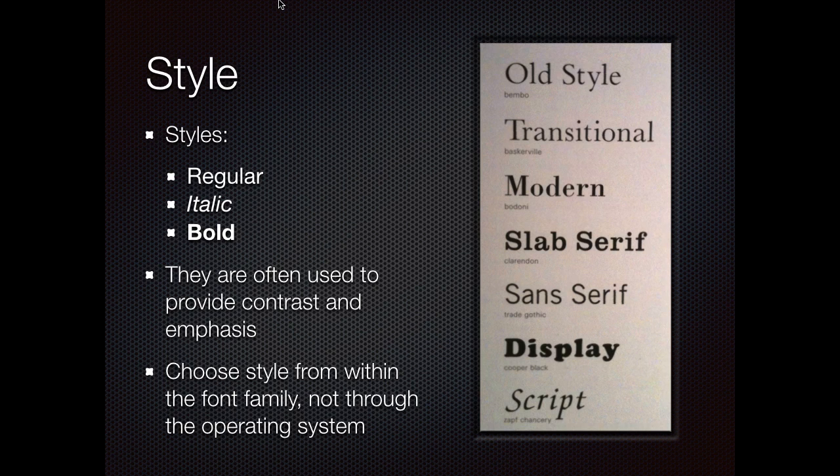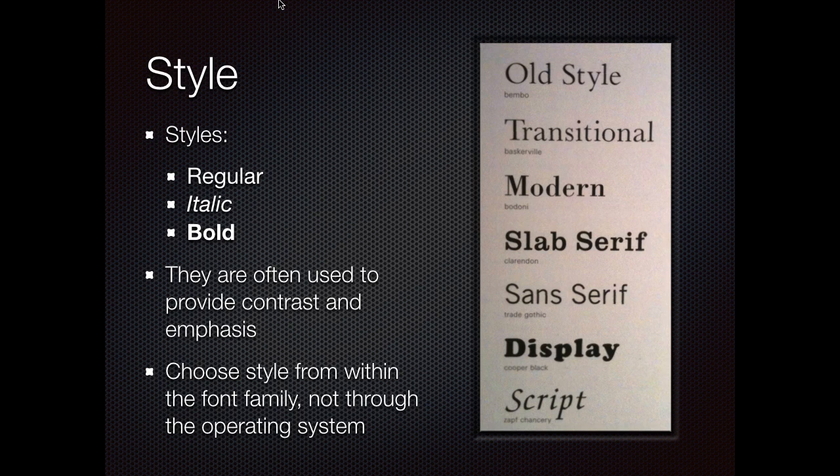They're used primarily to provide contrast or to indicate, let's say you're doing your history paper and you want to indicate a quotation or a citation, you might use italics for that. Generally, if you can, choose the font style from within the font family rather than from within the operating system.